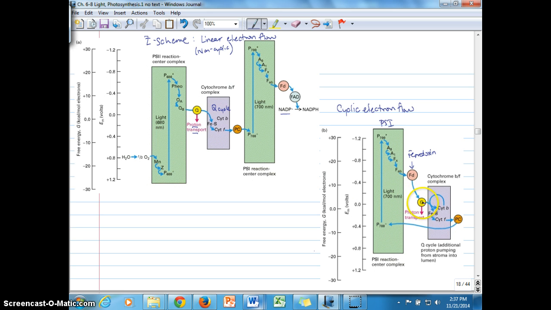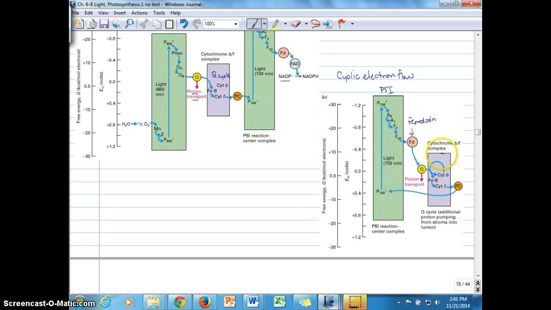And by reducing another plastoquinone, that plastoquinone enters the plastoquinone pool again in the thylakoid membrane and can be sent on to the cytochrome B6F complex and become oxidized, and in that process adding more hydrogen ions to the lumen.